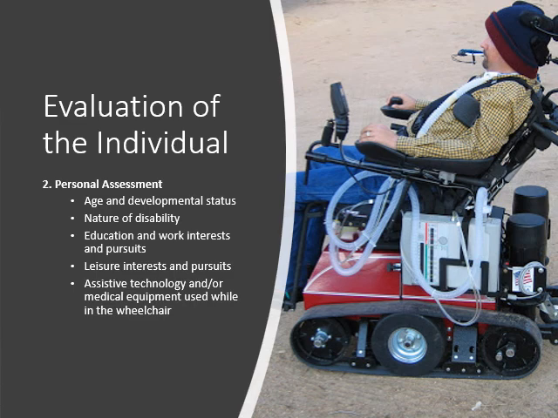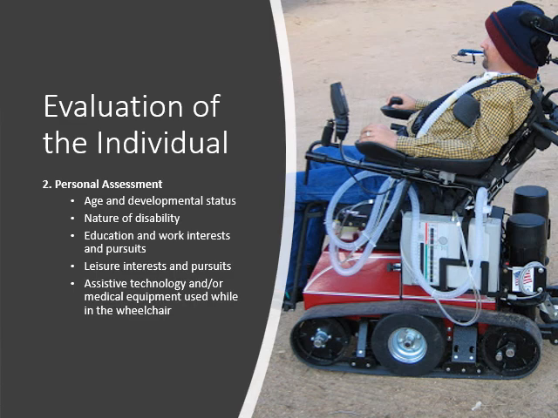More areas to assess are the age of the client and their developmental status. For example, are they going to need this wheelchair in school? And how are they going to get to and from school if you're dealing with a child? If you're dealing with a child, are you allowing for adjustments when they grow?